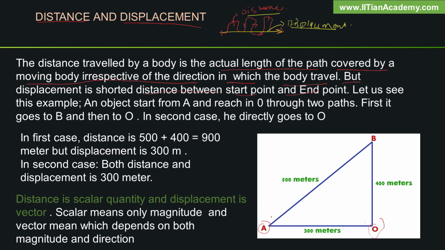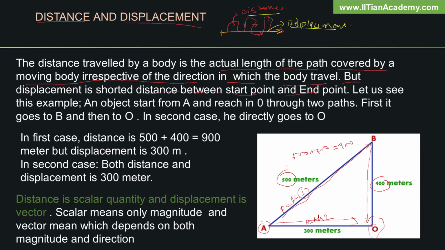First it goes to B and then to O. In second case, it directly goes to O. In first case, distance is 500 plus 400 equals 900 meter, but displacement is 300 meters.